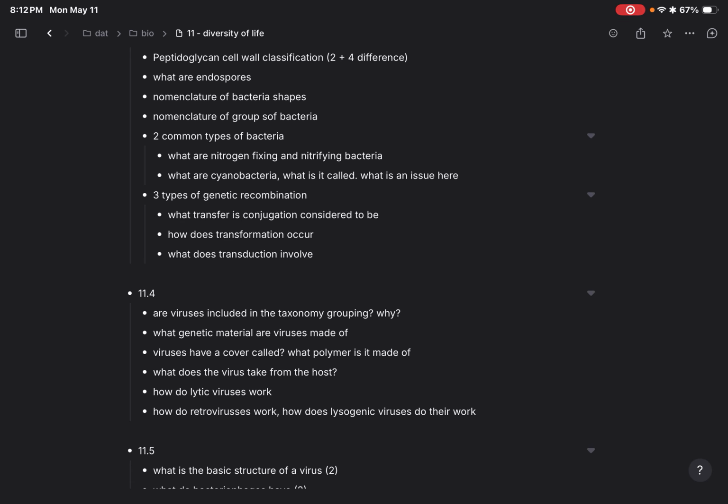So you can have three shapes: cocci, spirilli, and bacilli. Bacilli is rod shaped, cocci is sphere shaped, spirilli is spiral shaped. But I already forgot the names of the groups.